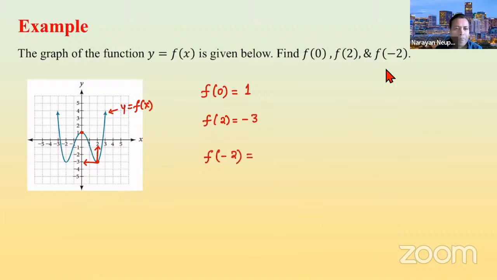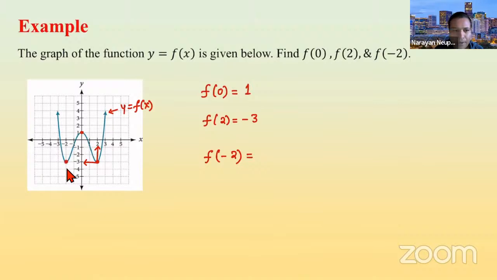On the x-axis, negative 2 is here. See where I'm pointing. That is negative 2. At negative 2, the graph is down here where I'm pointing now. So that is the point on the graph.